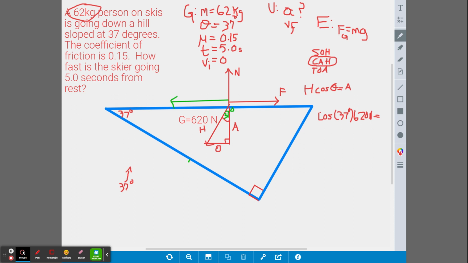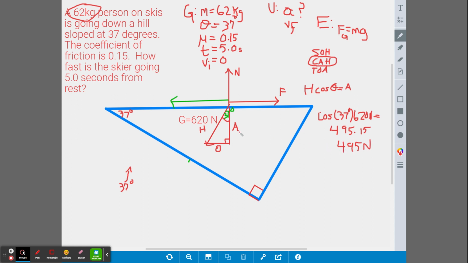So just trust me, I'm using a calculator right now, and I'm doing cosine of 37 times 620, and I get an answer of 495.15 newtons. I'm going to round this to 495 newtons.